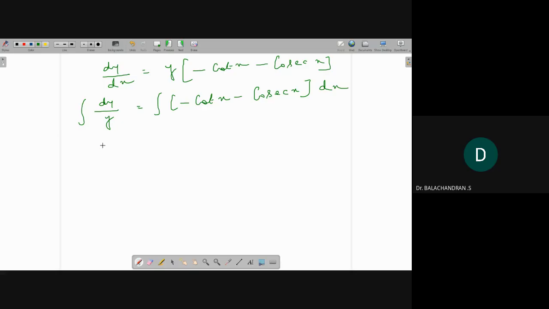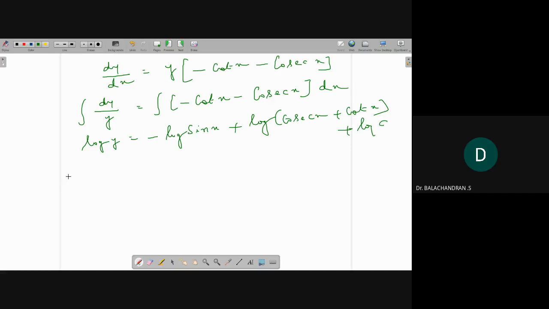If you integrate this, you get log y equal to minus, to integrate cot x dx, you get log of sin x, and then minus; if you integrate cosecant x dx, you have minus, again minus, so minus into minus plus log of cosecant x plus cot x plus log c.